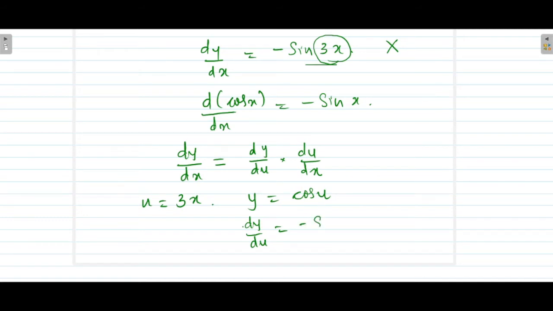With du by dx, we have to differentiate u with respect to x. So this will become 3. Now let us multiply these two answers so that we will get dy by dx. dy by du is minus sin u and du by dx is 3.